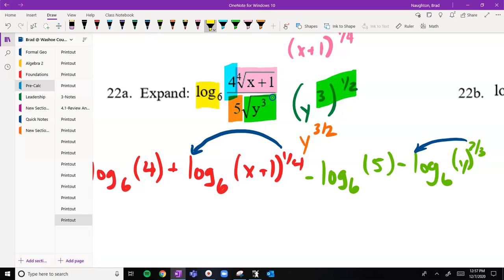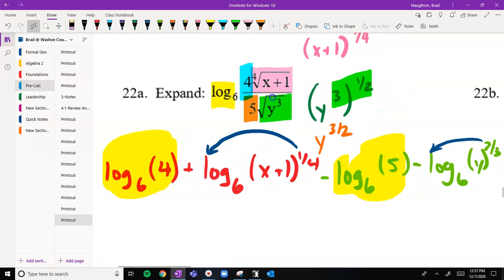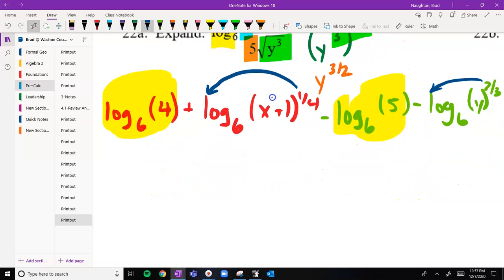So that's going to be our next step. And then go ahead and look at these logs and see if there's any evaluating you can do without a calculator. In this case, there's not, because there's not like a change of base rule, a common base rule that we can use.